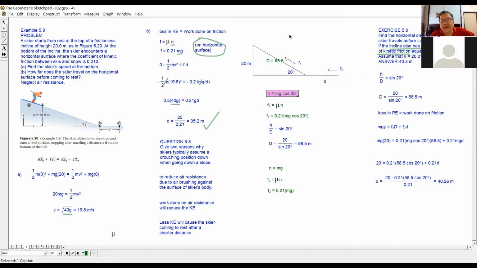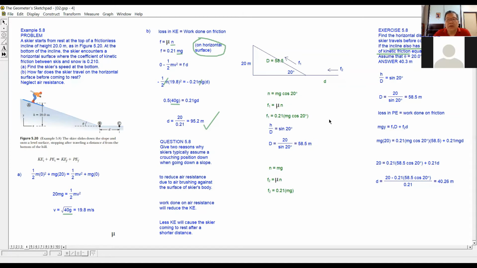With the coefficient of friction 0.21, the kinetic friction is 0.21 mg cos 20. So finally we have found the kinetic friction of the inclined plane.